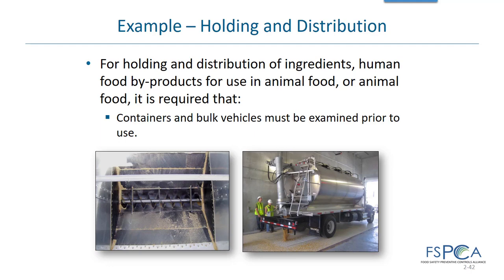So, thinking about whether this truck was hauling horse feed or is going to haul horse feed, and maybe they had cattle feed in it before, that could potentially introduce some hazards that you need to be aware of and informed about.